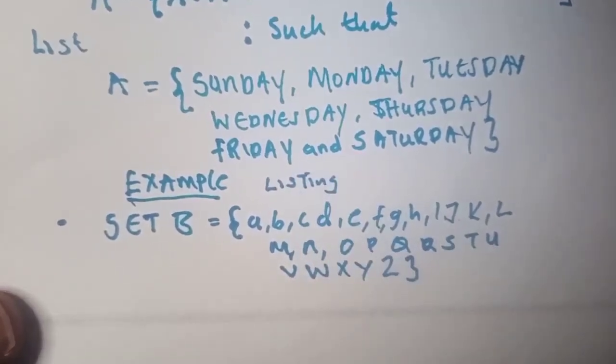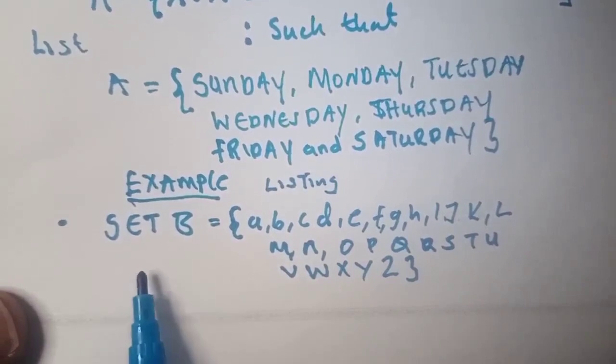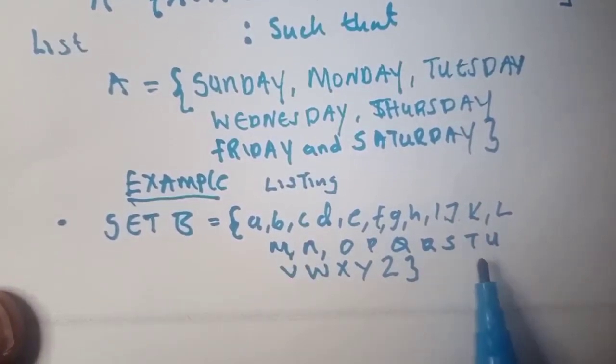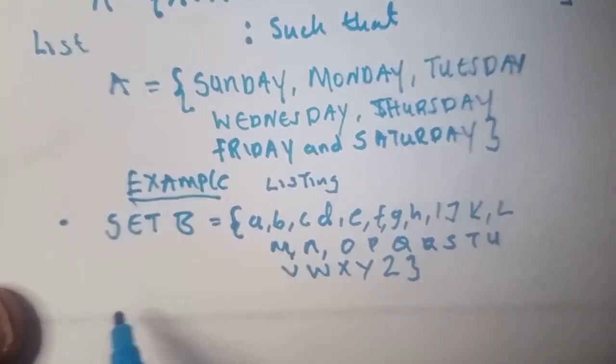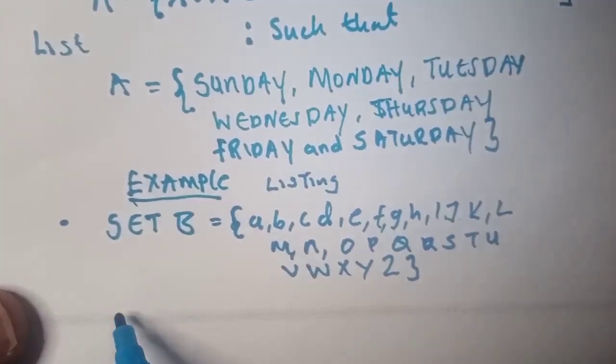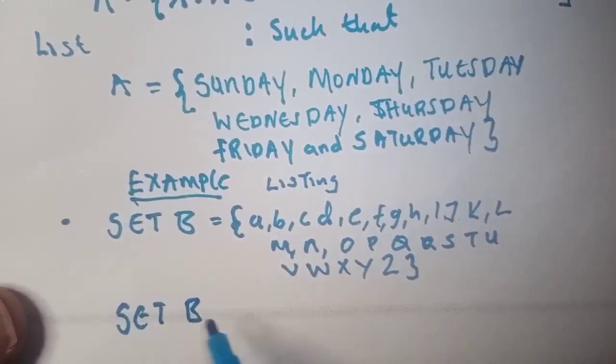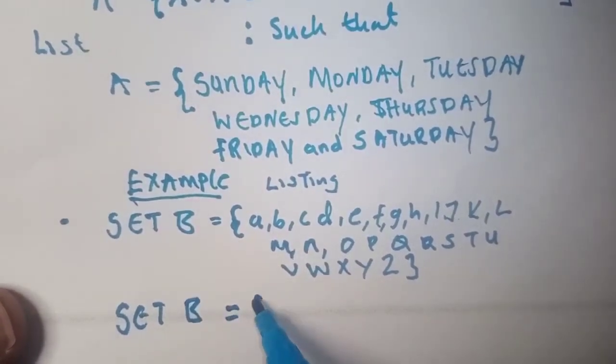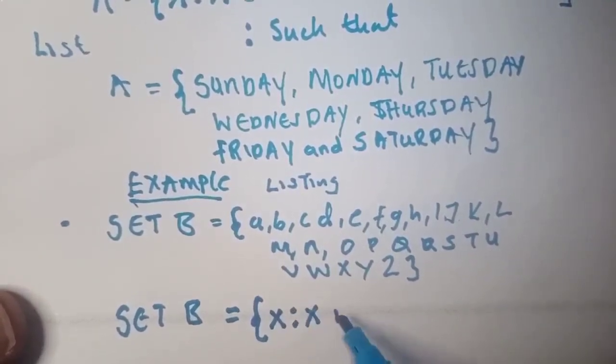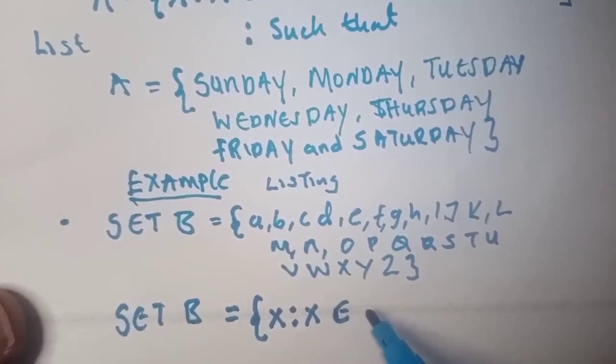So when you are told in an exam question, list the members in set A, this is what you do. But to make things short, if we use set notation, we simply say set B is equal to, you open the brackets, X such that X is a member of what?